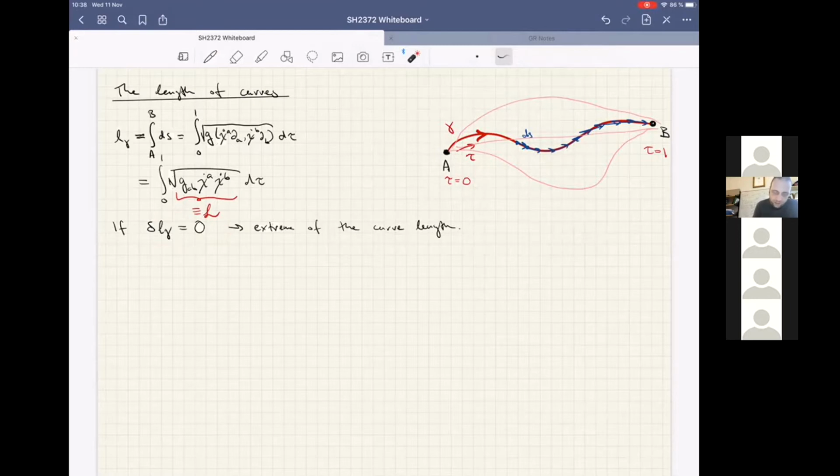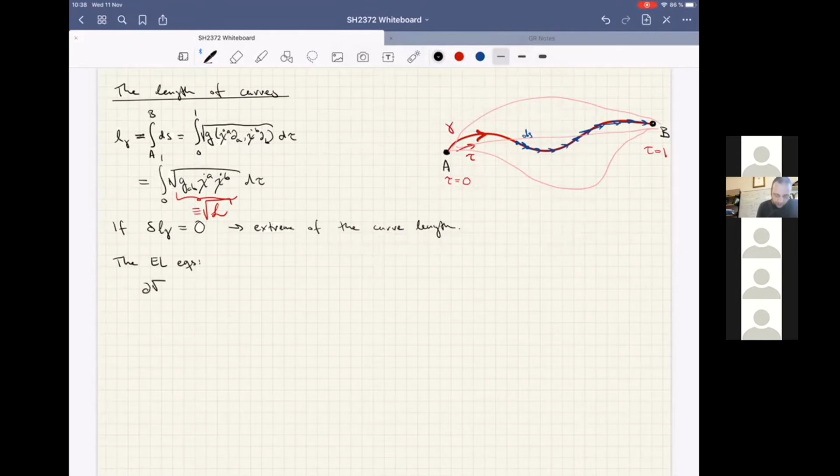Actually, let me do what I did in the lecture notes. So I'm going to actually define this as the square root of L, which is going to make life simpler. So the Euler-Lagrange equations are going to take the following form.